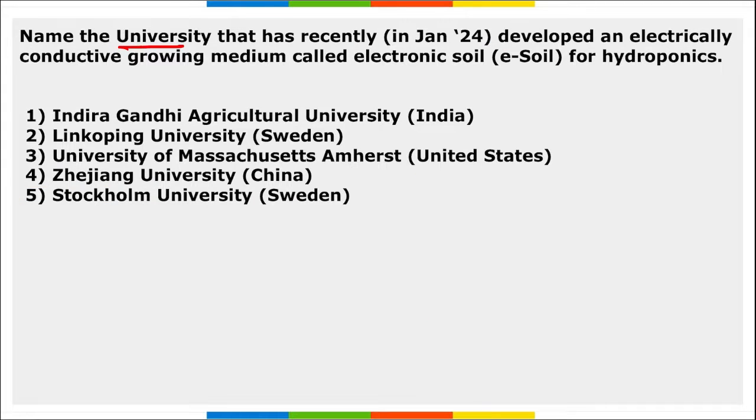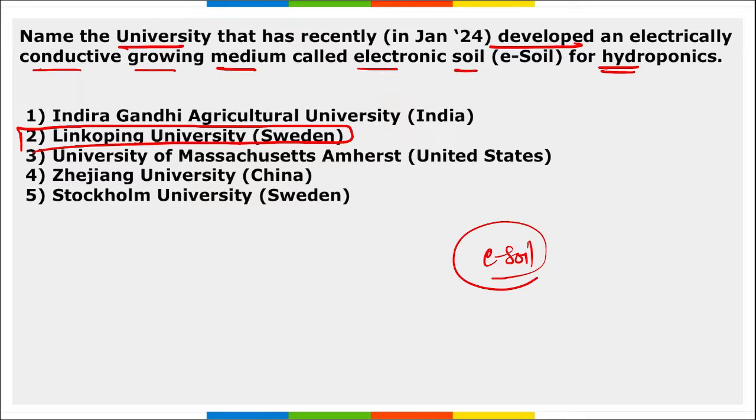Next, name the university that has recently developed an electrically conductive growing medium called electronic soil for hydroponics. It is Linköping University. I repeat, Linköping University of Sweden. Right? They have recently developed an electrically conductive growing medium called electronic soil or e-soil. Right?